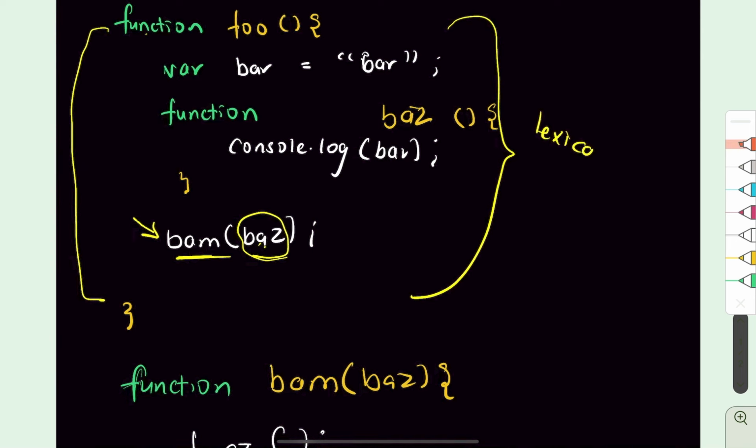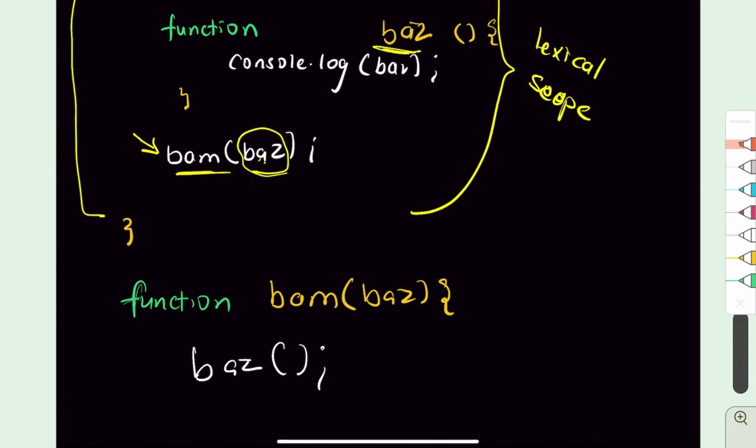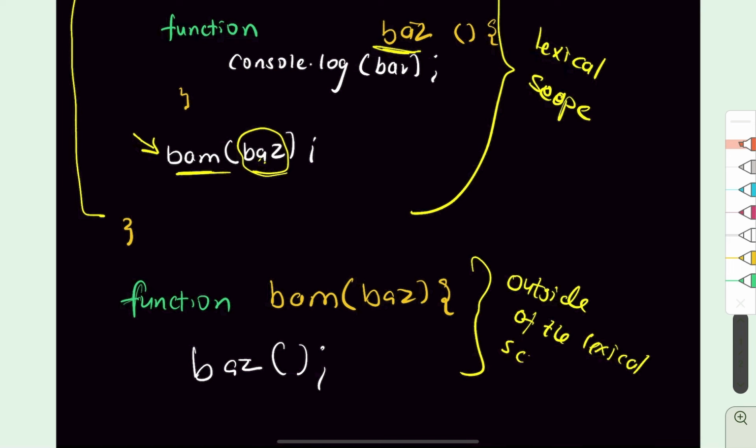So the lexical scope here for baz is only within the function called foo, and then we are passing it to bam, which is outside of the lexical scope of foo and baz, right?